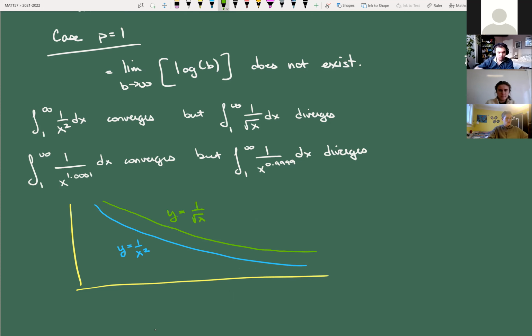And so again, we want that as we go to infinity, we're computing the area under the graph. And as we go off to infinity, we need that we're adding so little area, less and less area, to the point where it's not making a significant difference to the asymptotic value of the area. But with the square root of x, you are actually adding enough area, right?